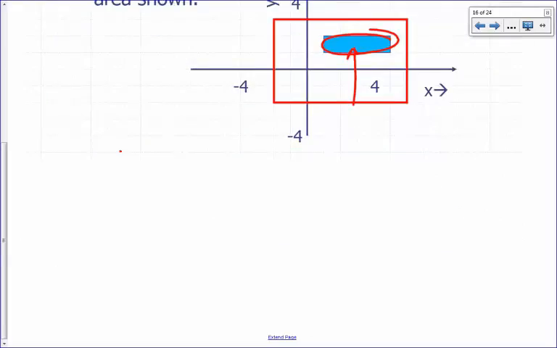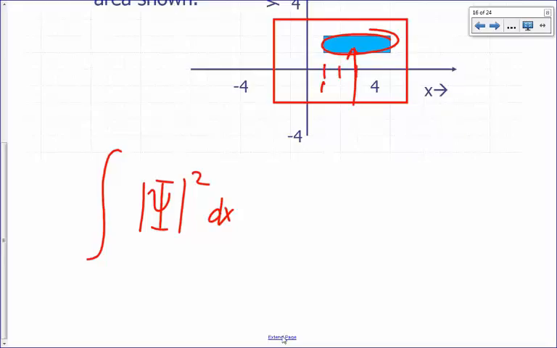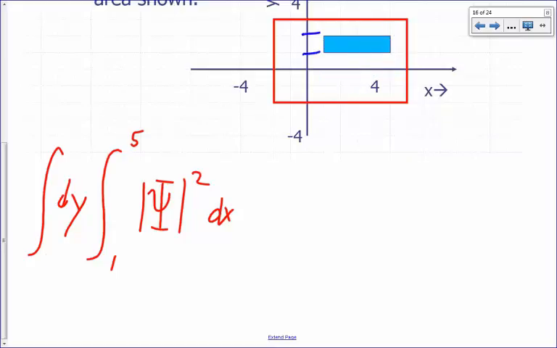You would just take the integral of psi squared dx, from x equals 1 to 5, and then you integrate over the y values, from y equals 1 to 2.